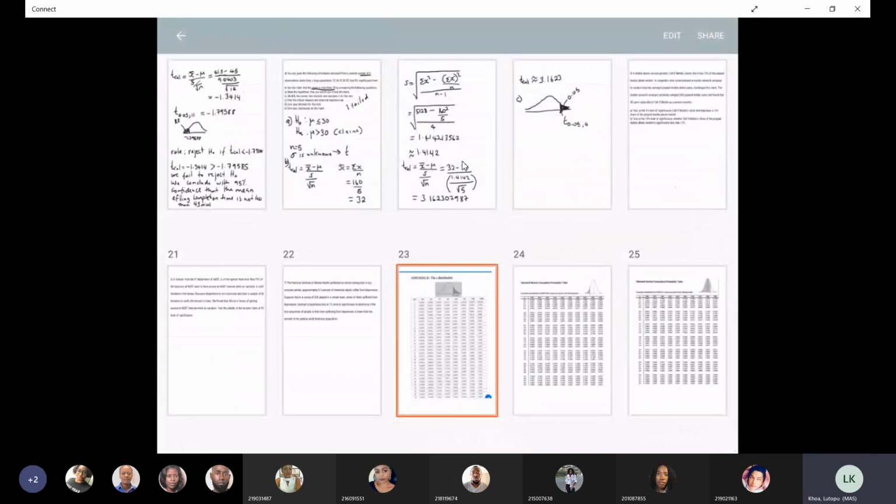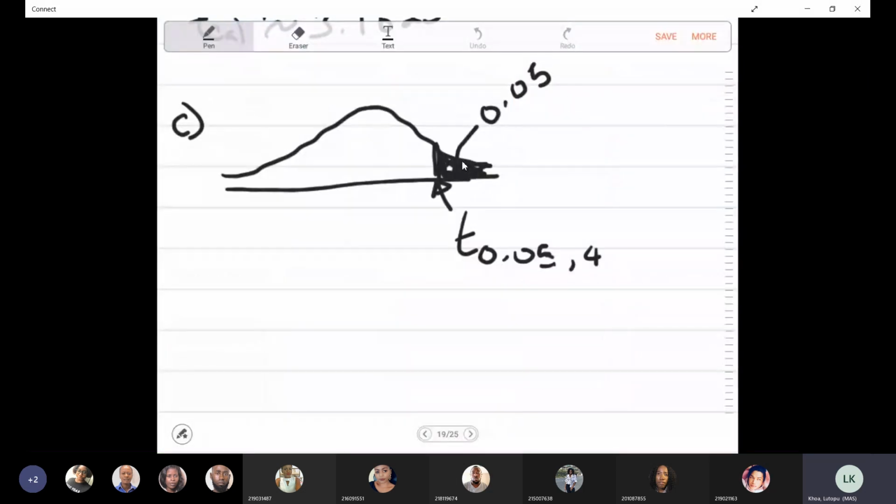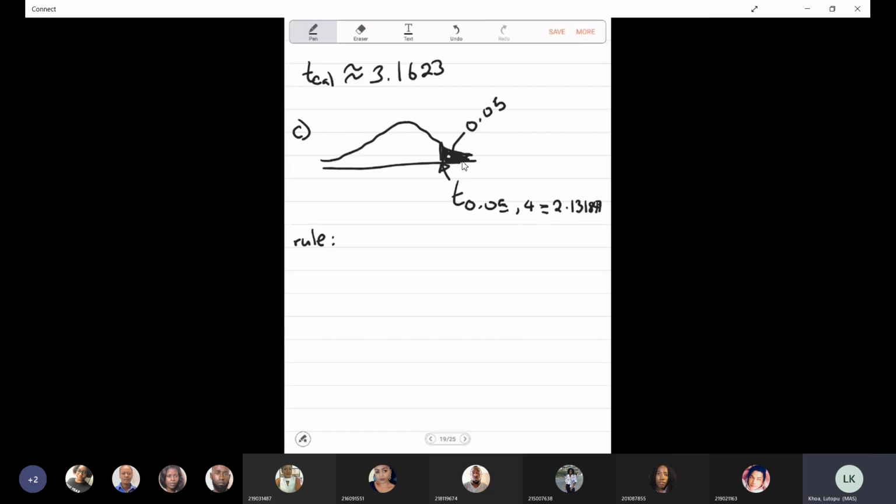And we go back to the question. So this is equal to 2.131847. Okay, critical value. Then our decision rule, we say that we reject H naught if the T that we calculated is greater than, that would mean it is in this region.